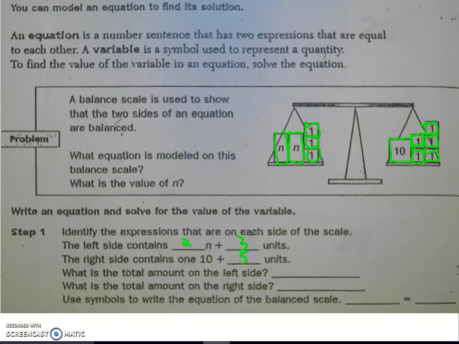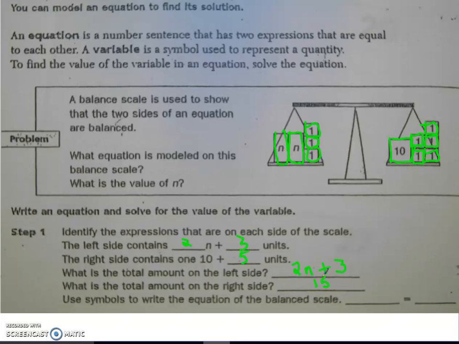The total amount on the left side is 2n plus 3. What is the amount on the right side? 10 plus 5 is 15.